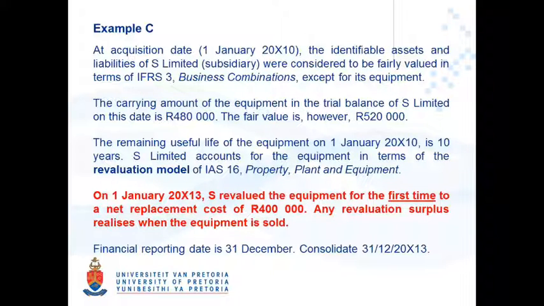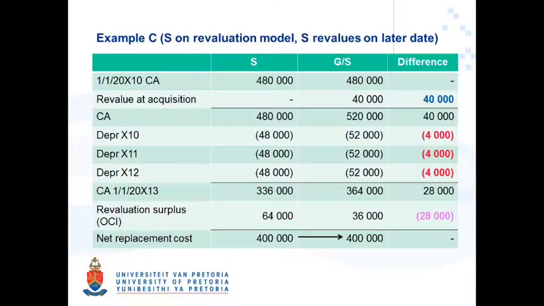So, while S accounts for this equipment in terms of the revaluation model, we can gather from the information that S did not account for this value adjustment on acquisition date. So because S did not account for this valuation adjustment at acquisition date, there will be differences that we need to identify.